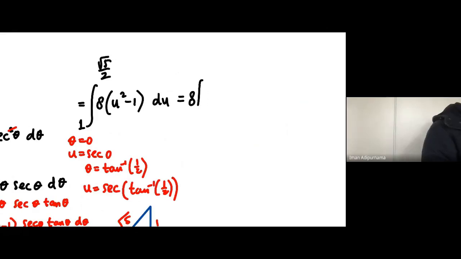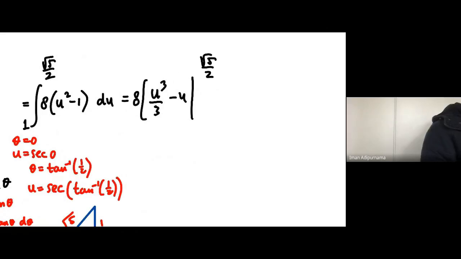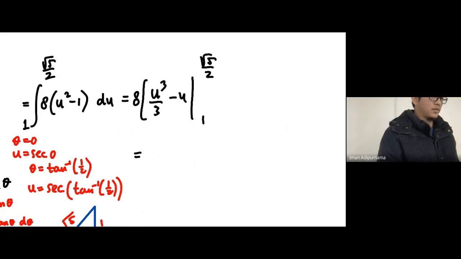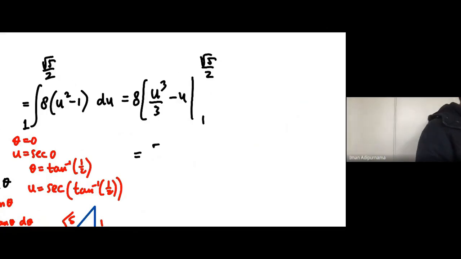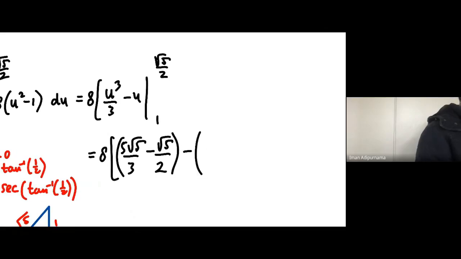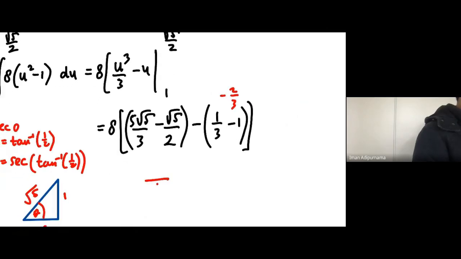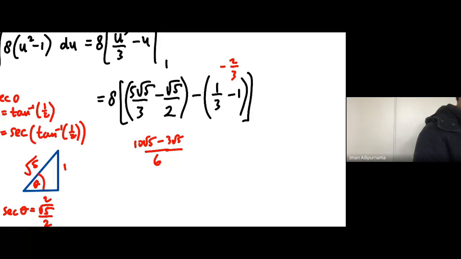And then we can solve this and write down the solution and putting all the numbers, and then minus 1 over 3 minus 1. What is this? Oh, 7.